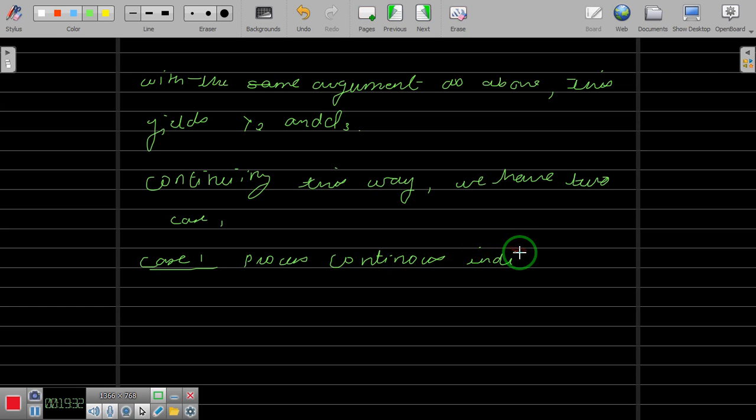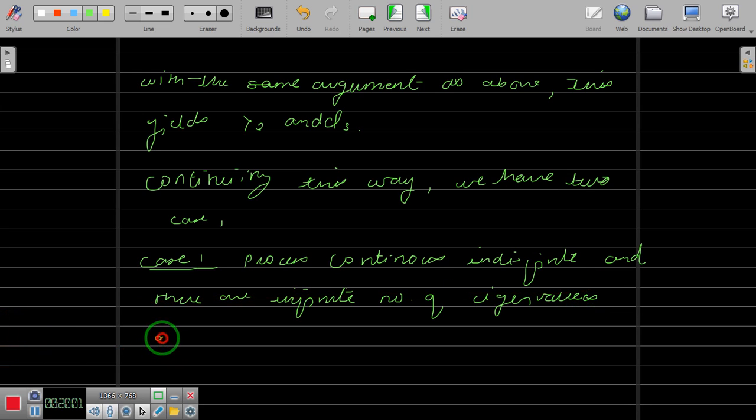It will go on continuing indefinitely, and if the process continues indefinitely, then there are an infinite number of eigenvalues and eigenfunctions. Now you think, what about case 2?